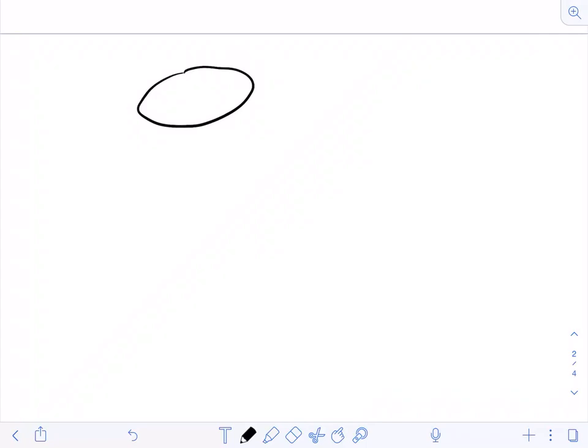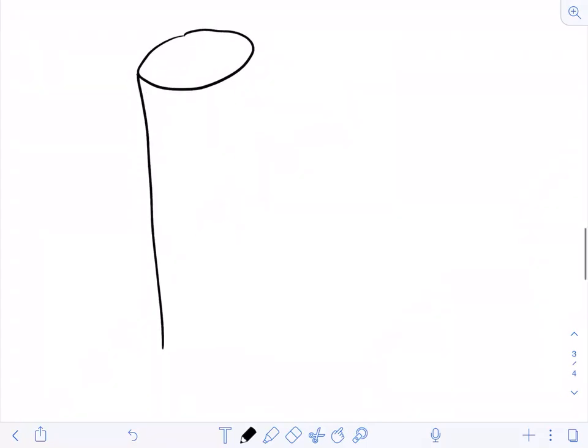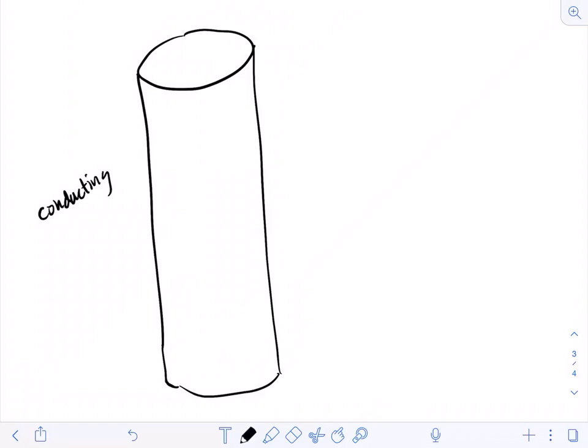Okay, I'm going to try to do part 2 of a demo, and what we're going to do is we're going to have a long conducting tube. So this is a conducting hollow tube. It's going to be made of copper.